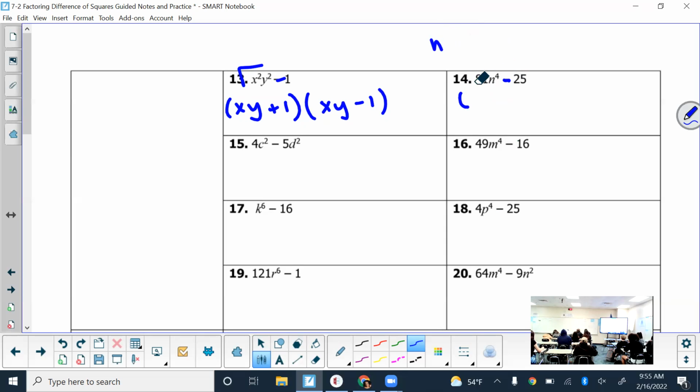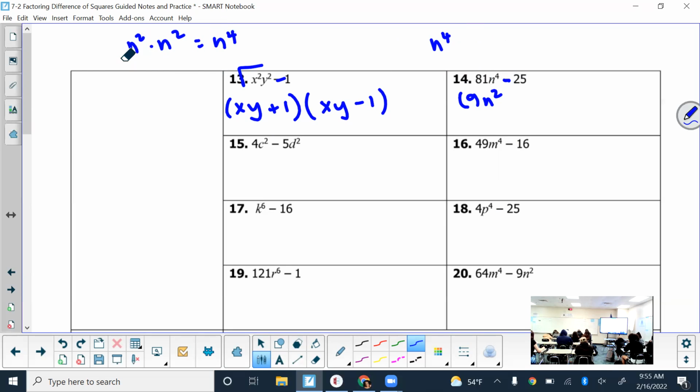So the square root of 81 is 9. But the square root of n to the 4th would be what? N squared. Think about what times what would give me n to the 4th. Wouldn't n squared times n squared give me n to the 4th?